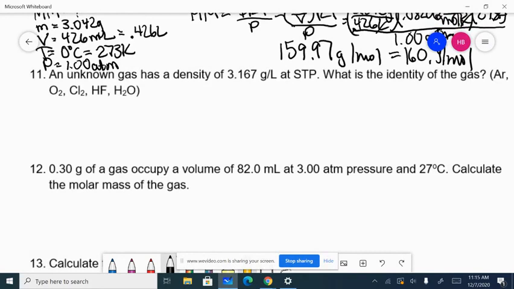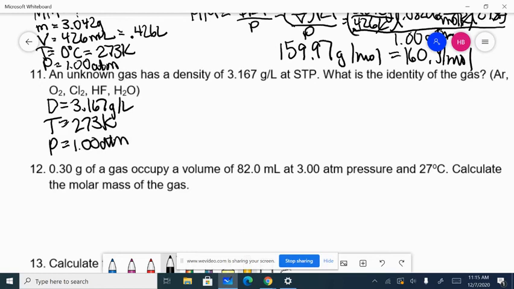An unknown gas has a density of 3.167 grams per liter at STP, which is 273 K and 1 ATM.